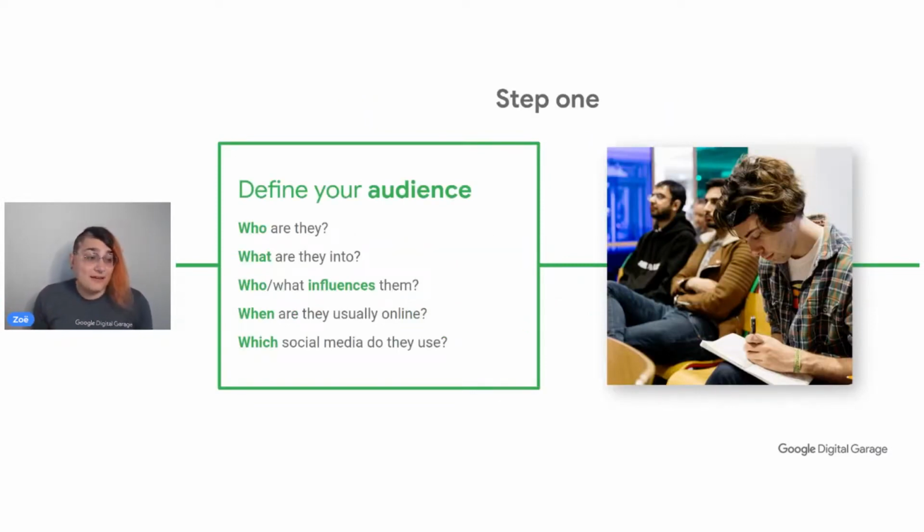Who are they? That's a big question. Let's start with the basics. Gender, age, location. It doesn't have to be too specific. Age can be between 25 and 32. There we go, that's our age range. That's our age group. We're not being super specific.